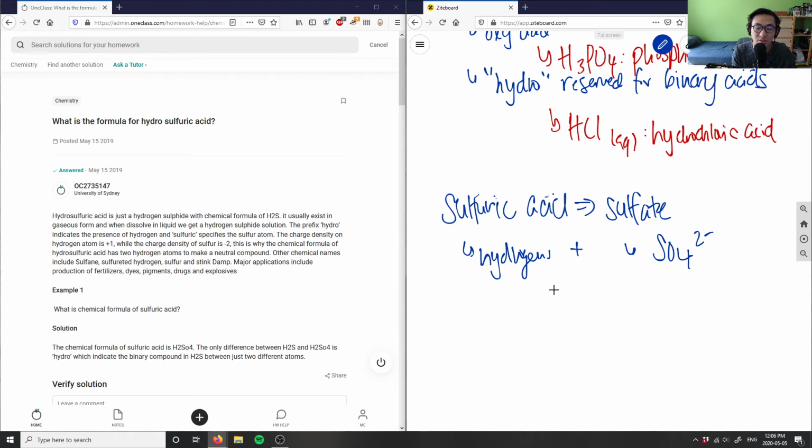These two hydrogens bond with the sulfate ion to get H2SO4. So this is our chemical formula for sulfuric acid, H2SO4, and as you can see, this is the correct answer.